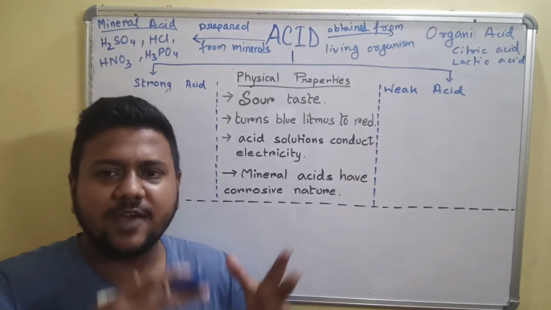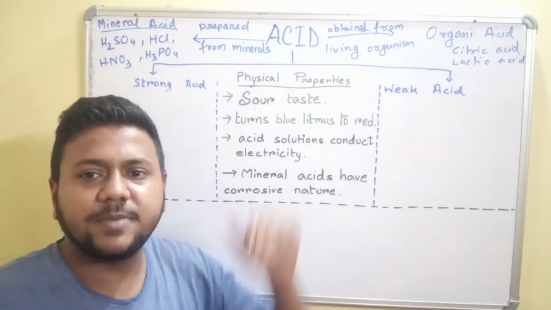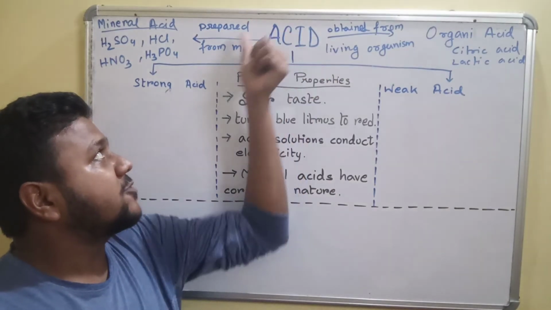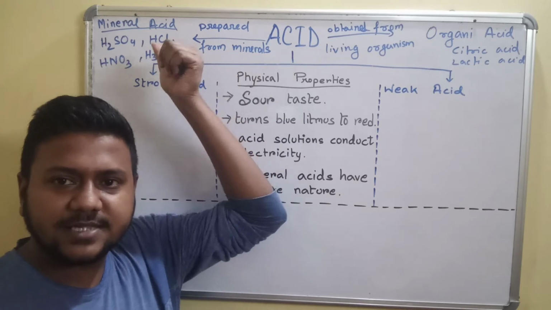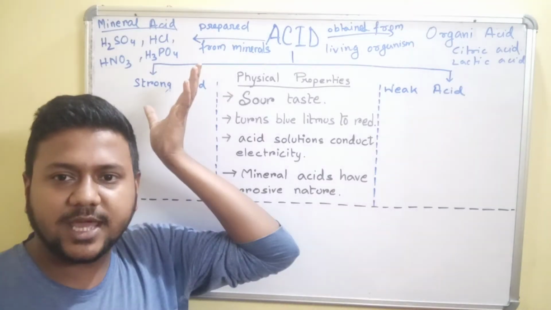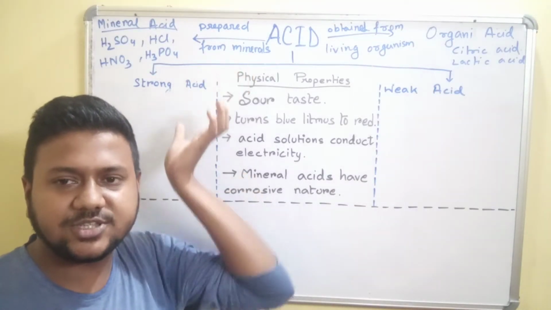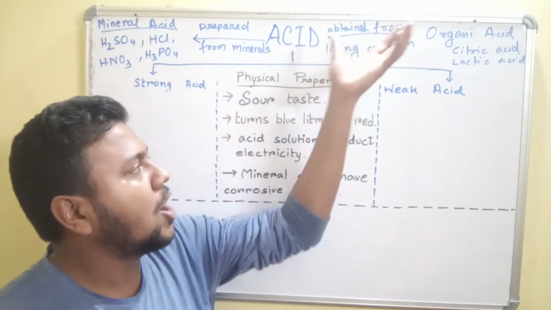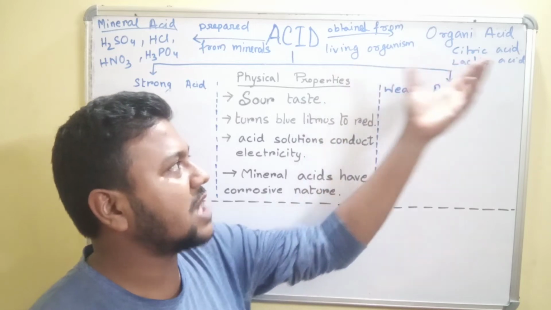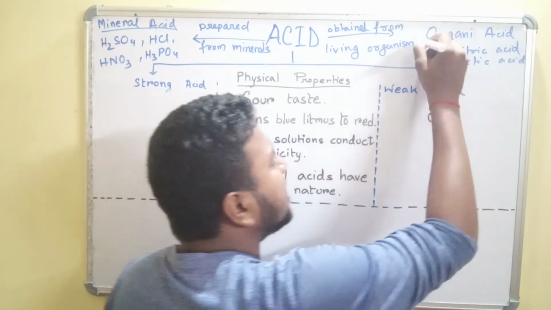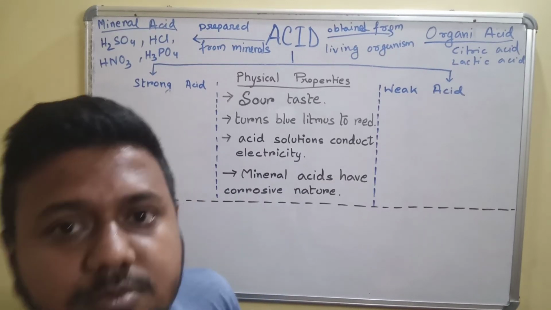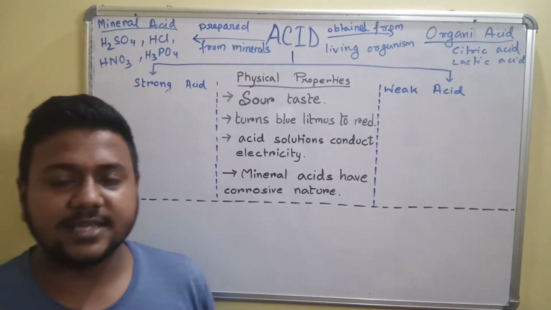So first of all, we have classified acids on the basis of their origin. The acid that is prepared from minerals is called a mineral acid, like H2SO4 sulfuric acid, HNO3 nitric acid, HCl hydrochloric acid, and the acids that are obtained from living organisms are organic acids, like citric acid, oxalic acid, acetic acid.